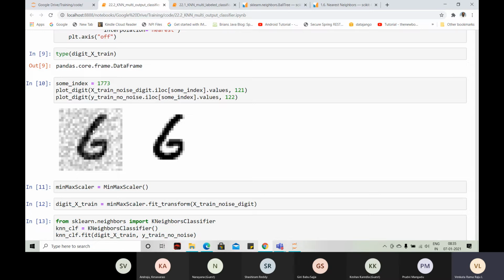Now there is x1 to x784 in the input, and there are y1 to y784. In our previous example we had only 6 y's, y1 to y6. But in this example we have 784 y's because we are trying to generate the same picture. In some other case you may have fewer y's, maybe 10 y's, but each y having more than 2 classes.